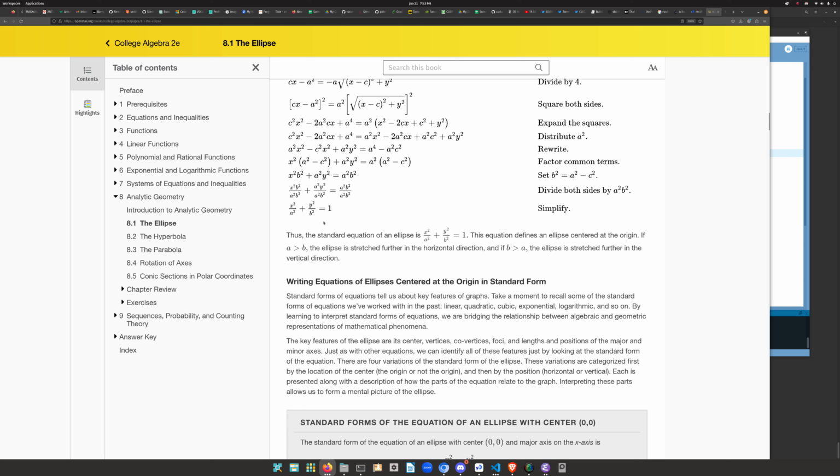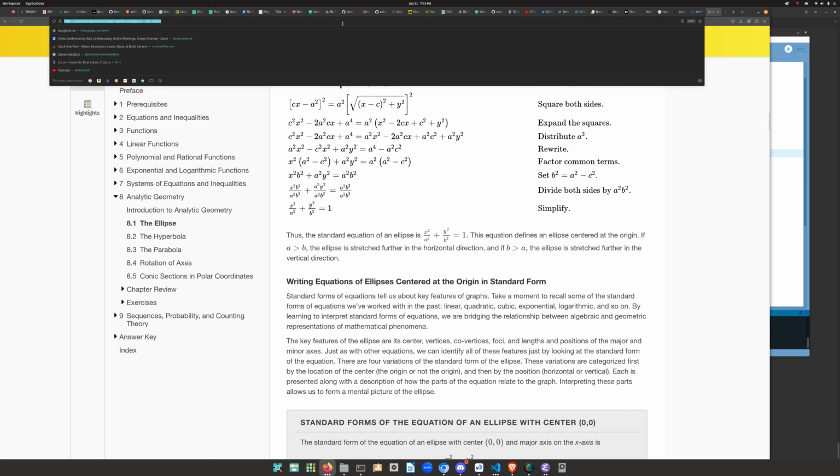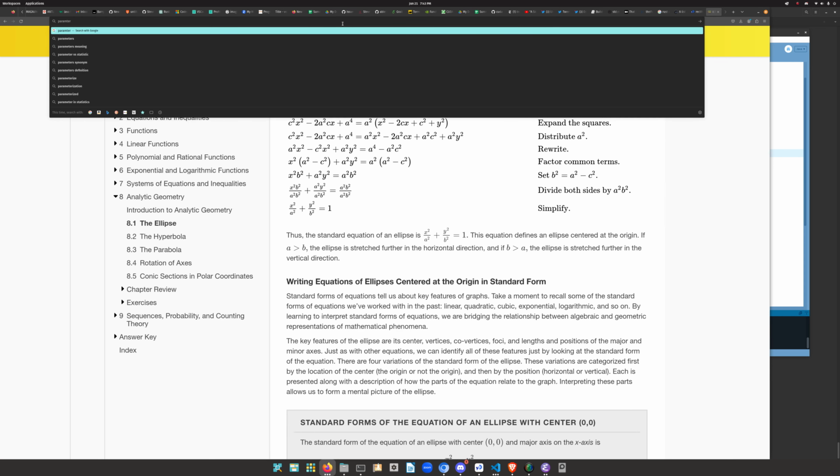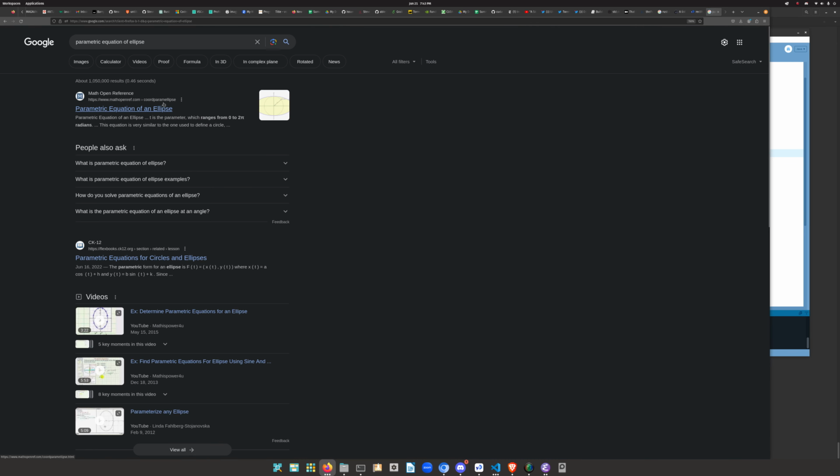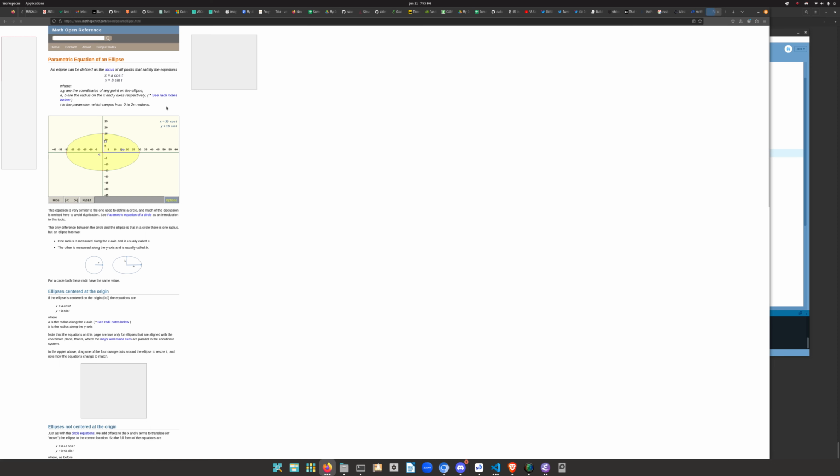Well, I'll think about it, right? But it's a parametric equation of an ellipse. Oh, yeah, maybe I could search that way. Parametric equation of ellipse. X equals a cosine t, y equals b sine t. Oh, wait a minute. If it's x and y, then I need to take the square root of x squared plus y squared to give you the length.